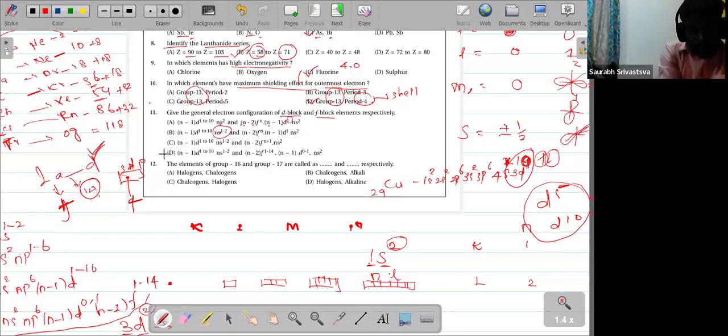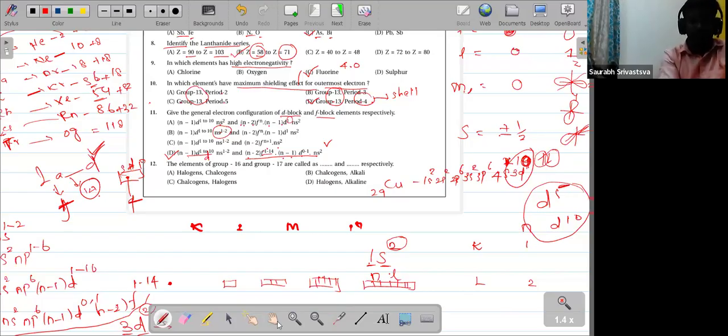Last is the correct answer: (n-1)d1 to 10, ns 1 to 2, and this is for d-block elements. And f-block elements means (n-2)f1 to 14. Why? Because 14 elements are there. And (n-1)d 0 or 1, ns2. So this is the f-subshell general electronic configuration.